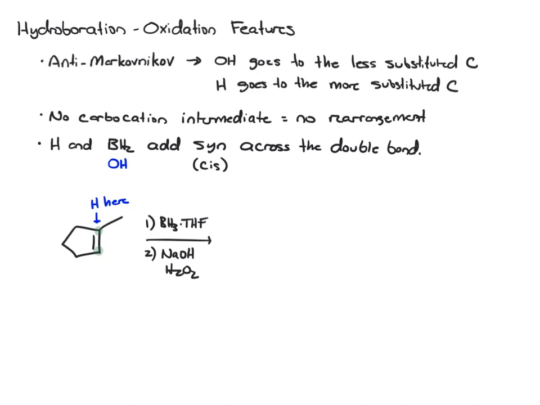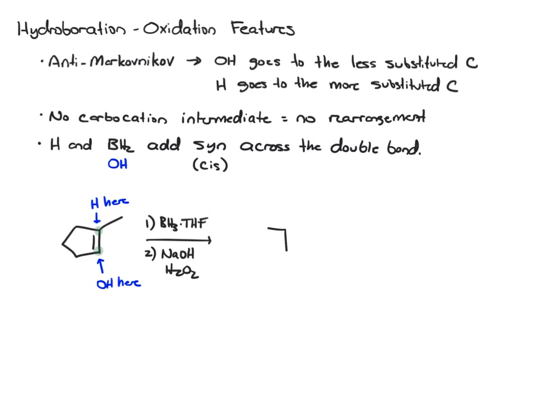And find the one that is less substituted, and that's where your OH will end up. So now to draw your products, you want to make sure you put the H and OH syn, meaning in the same direction, but they can add syn from the front or the back.